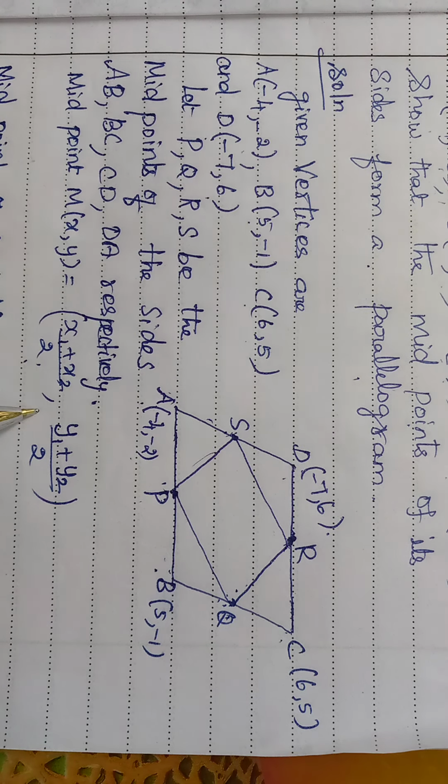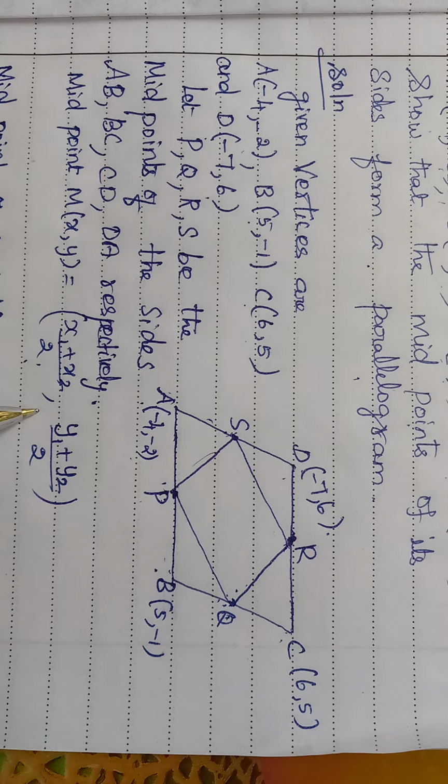That is 1 by 2 comma, here both have the same sign, so -2 minus 1 is -3 by 2. Therefore P, the midpoint of AB, is equal to (1/2, -3/2).